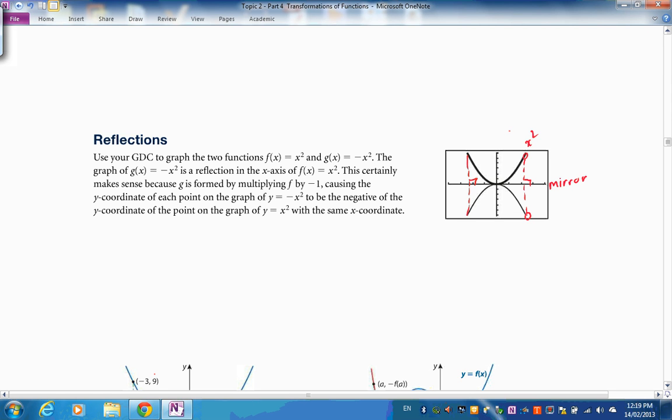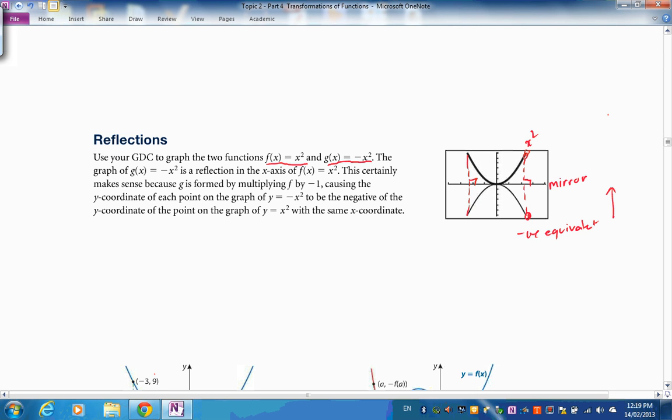So this is now what happens. For x squared, this point has to go opposite. It's got to be the negative equivalent, straight across that mirror. So you multiply the whole function x squared by -1, giving neg x squared. So that's a reflection. And if we did it back again, we would multiply by -1 and get positive x squared.